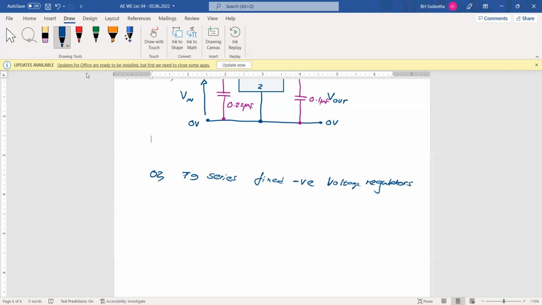Negative voltage regulators, but the same type of diagram here also we can see. I'll show you the diagram, 7905 series.